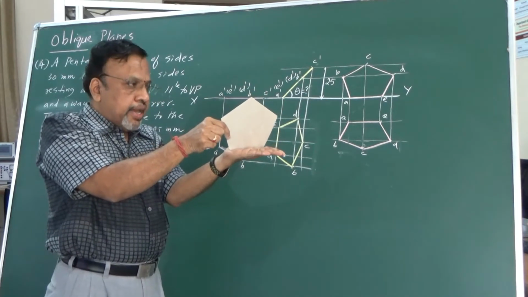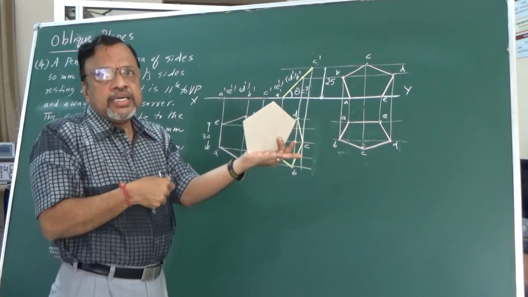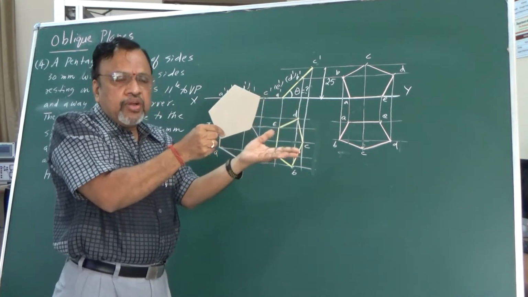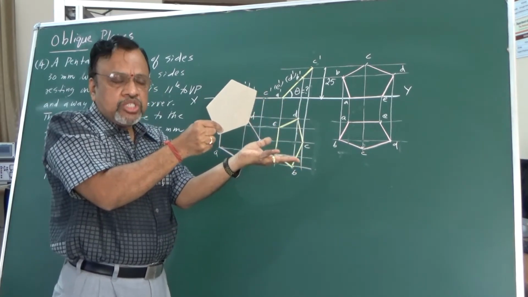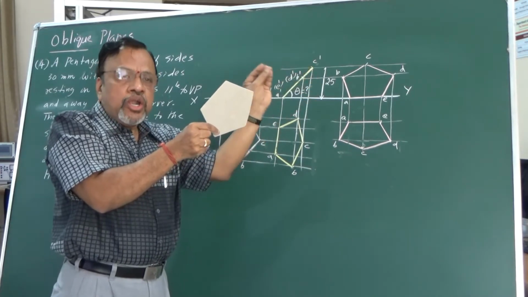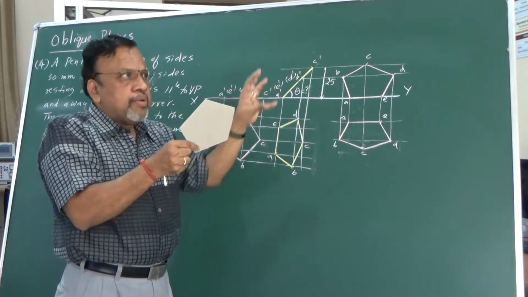In that case, the side view will not be seen as a line. In the side view also we can see the lamina is inclined, because anyway in the side view I will see HP and VP details. Since I see HP and VP details, there also it will be smaller in size. That is, in the top view, front view as well as side view, you are going to get this lamina smaller in size.